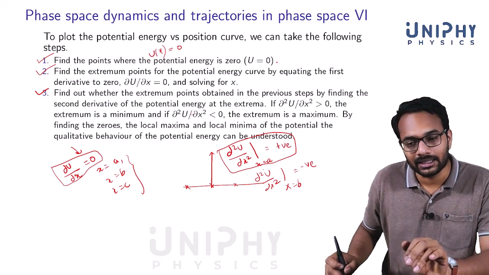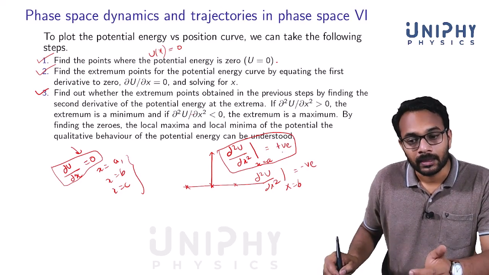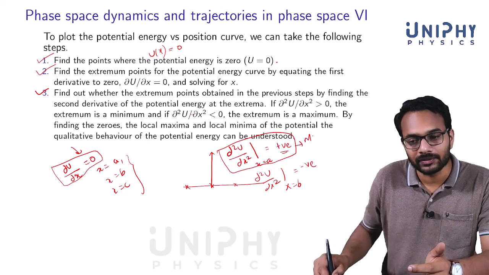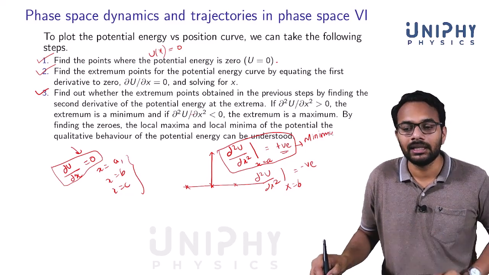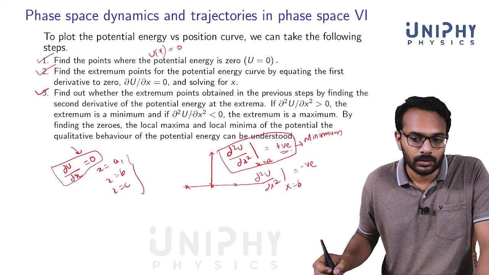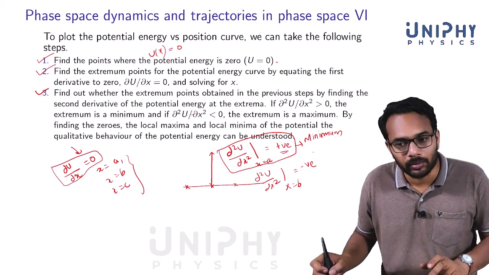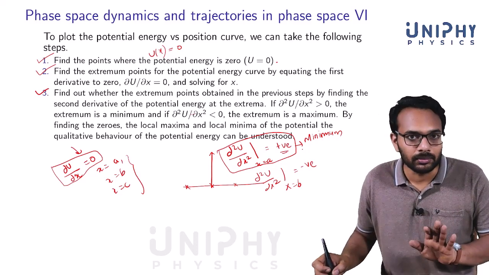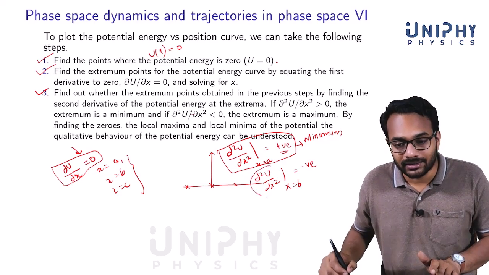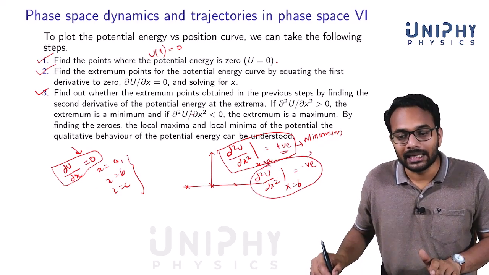If the second derivative is positive at an extremum point, then that extremum is a minimum. If the second derivative is negative at an extremum point, then that extremum is a maximum.